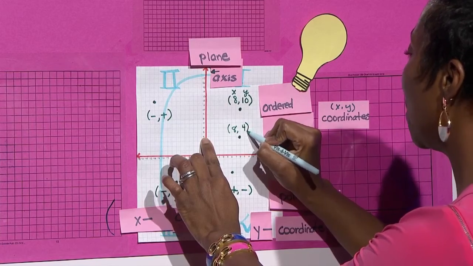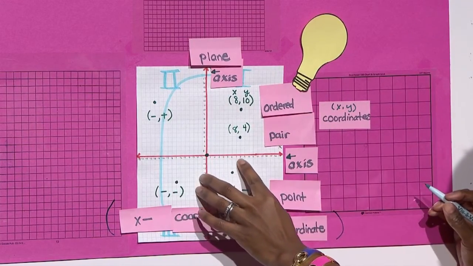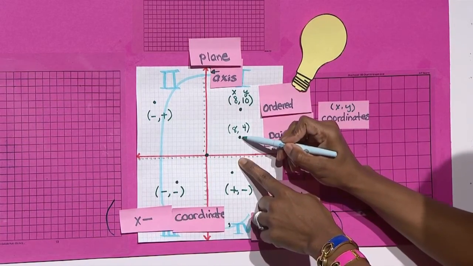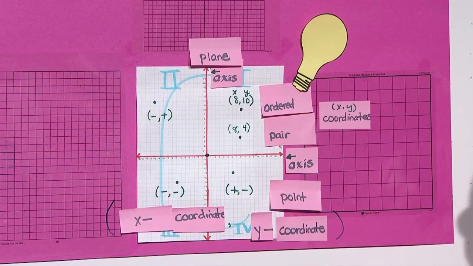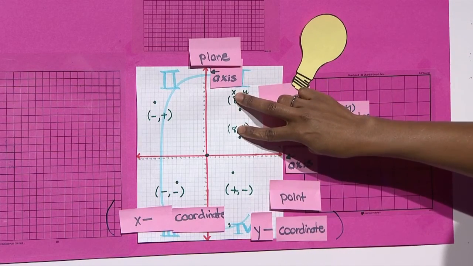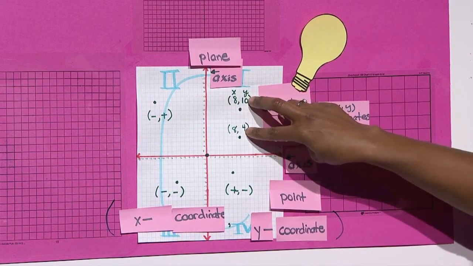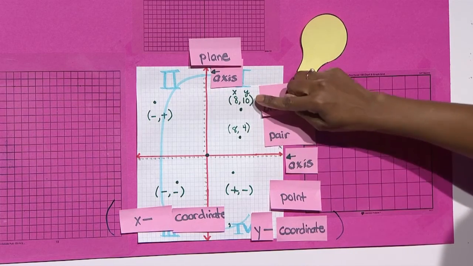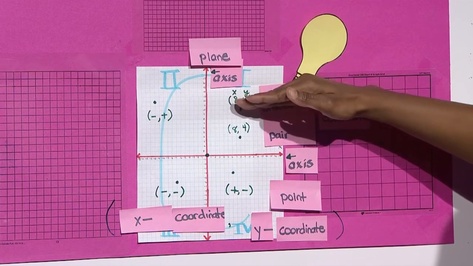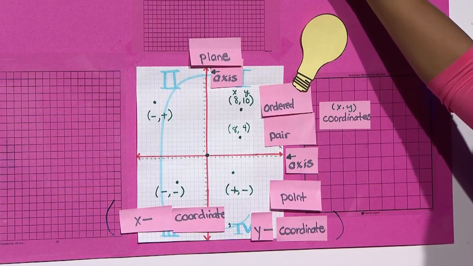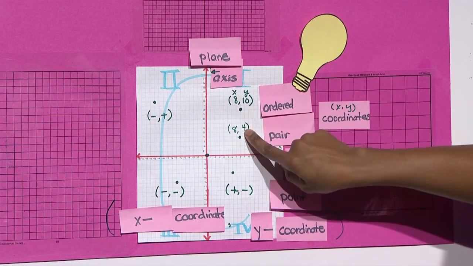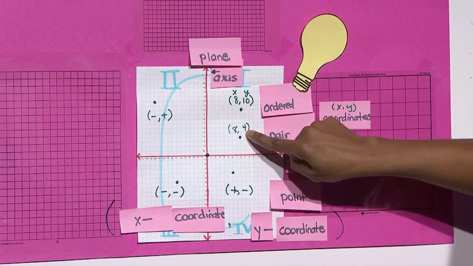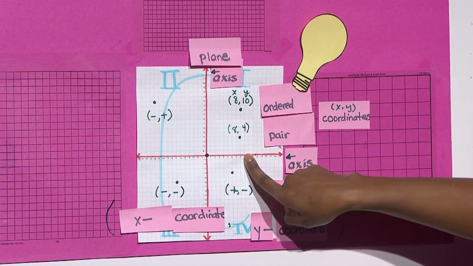And I can name this the point 8, 4 because I came over 8 units and I went up 4 units. Now they have the exact same x value, but the y's are just a little bit different. This y is larger, which means it's further above the x-axis. And this y value is much smaller, which means it's closer to the x-axis.